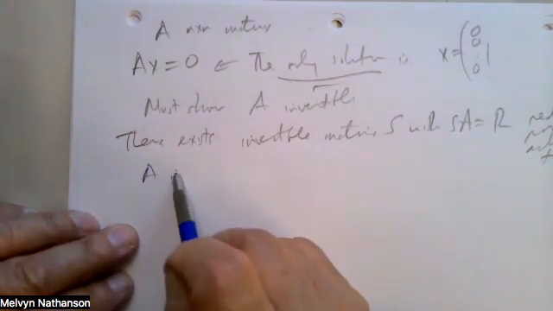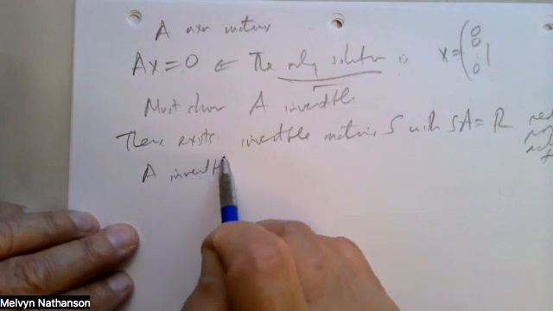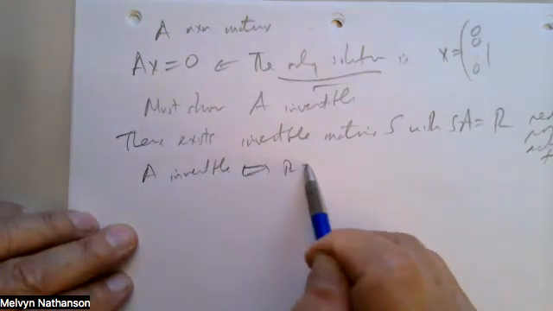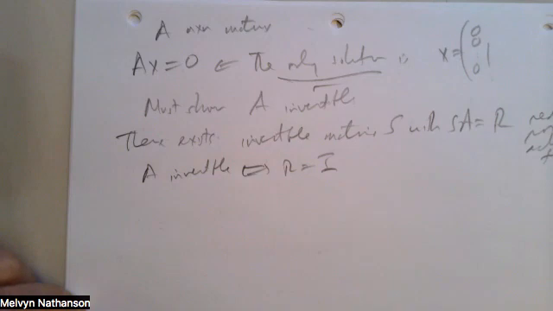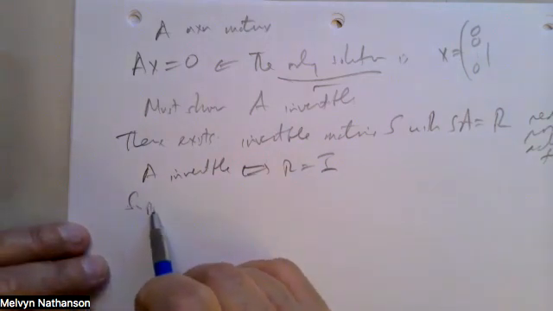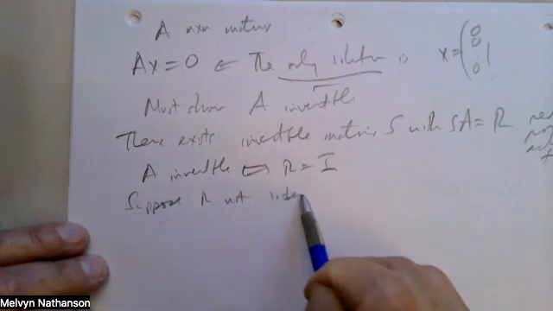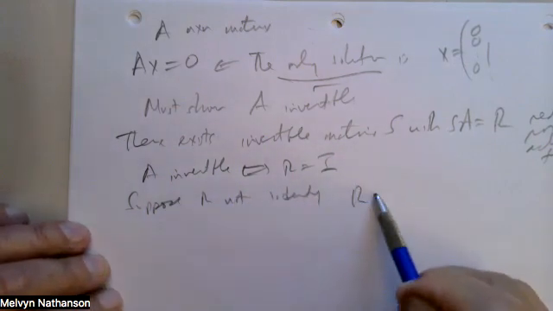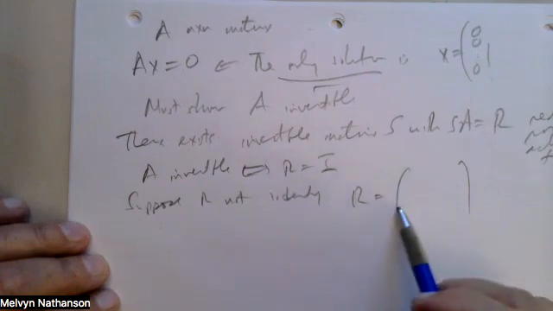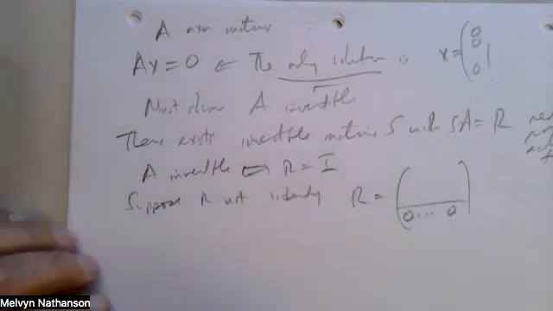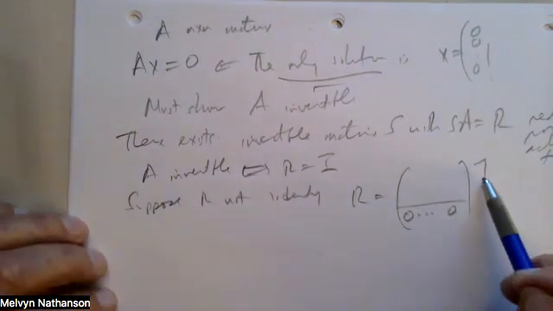So A is invertible if and only if R is the identity. Suppose R is not the identity. So then the matrix R, an n by n matrix, has its last row all 0.